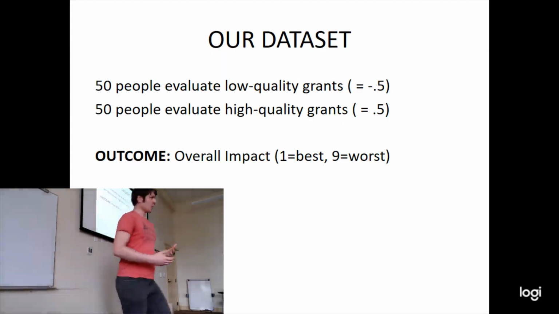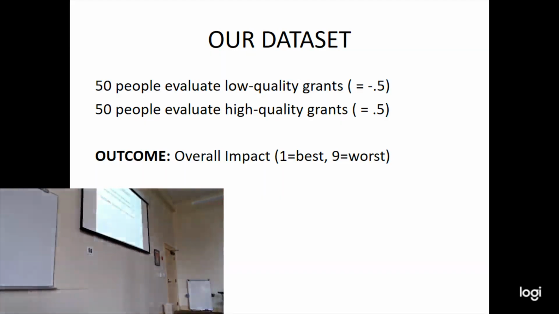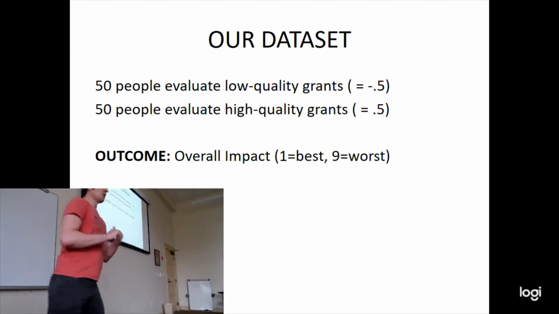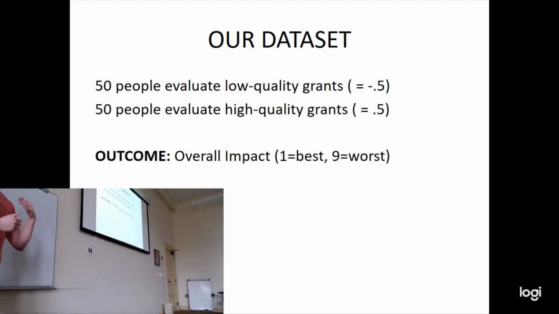So in this first example, we're assuming that we have 100 people, and half of them evaluate high quality grants, half of them evaluate low quality grants, and we're just seeing whether their new scores based on low quality grants match how these grants were categorized. Did the high quality grants indeed get better scores on re-review than the low quality grants?